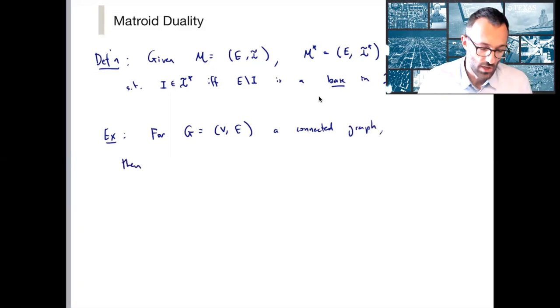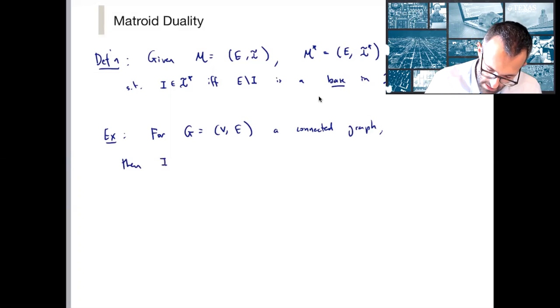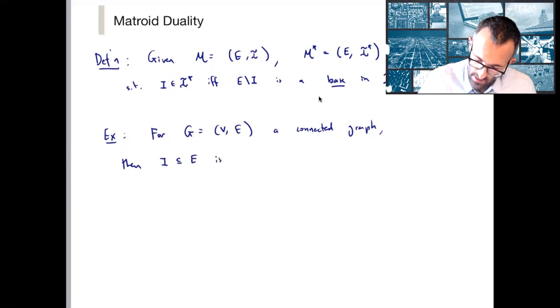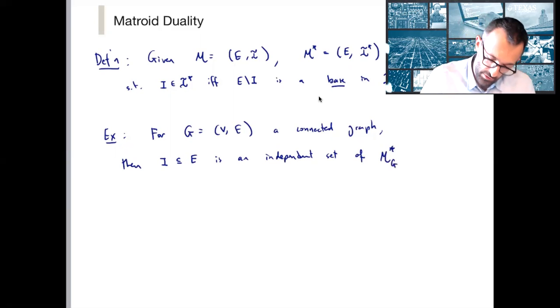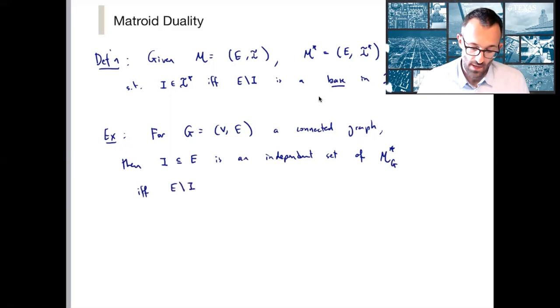Then some subset of these edges is an independent set of the dual matroid, M star subscript G, if and only if the complement of the edges is a base in the original graphic matroid. In other words, if this is a spanning tree in the graph.